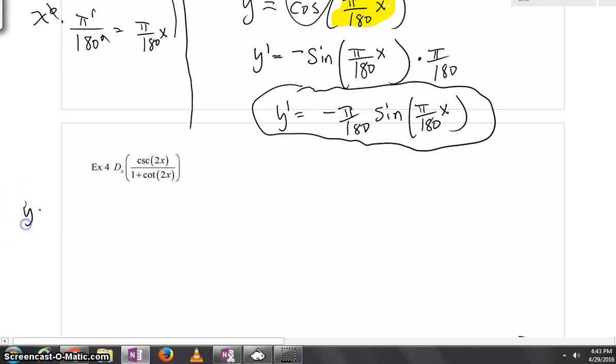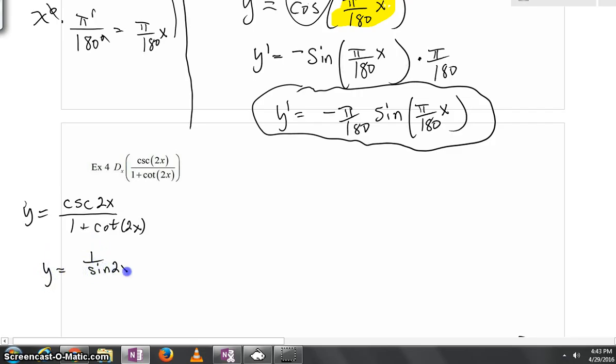What I'd like to encourage you to do, though, is whenever you've got a problem such as this, especially with trig functions, see if you might be able to rewrite it more easily, and maybe, just maybe, a derivative will become far simpler.